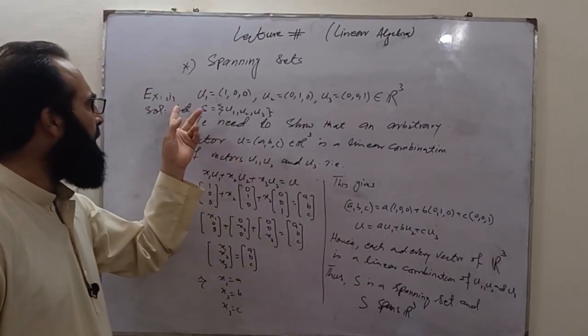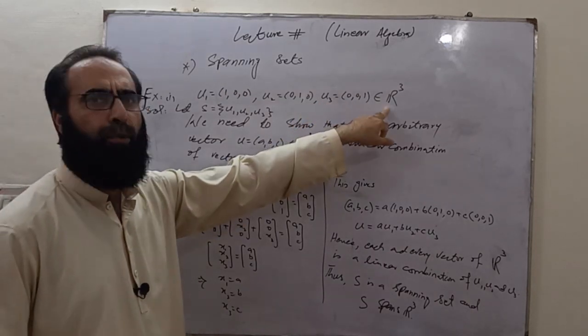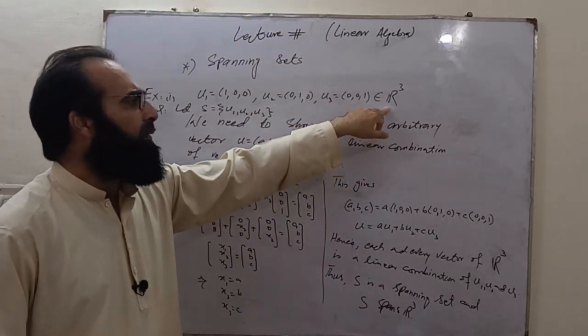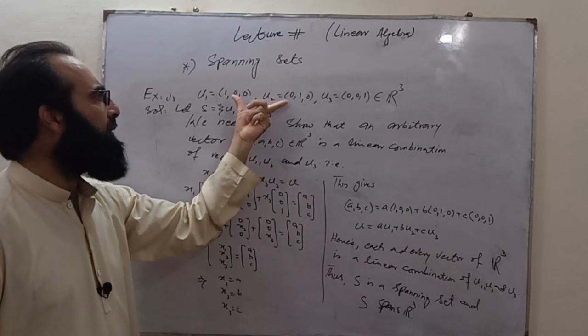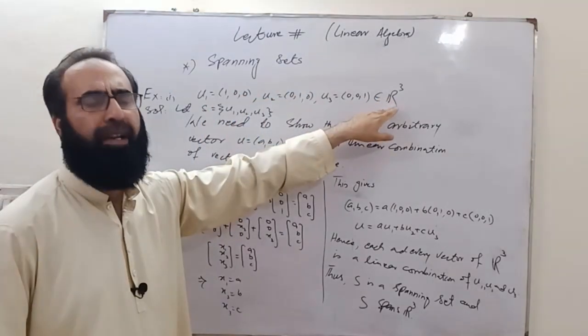In this example, three vectors u1, u2 and u3 are given from the R³ space. And we have to show that the collection of these three vectors S is a spanning set for the vector space R³.